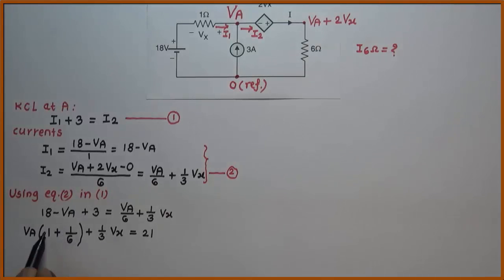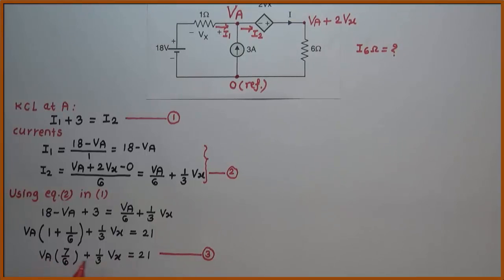If you simplify this, 6 into 1 plus 1, 7 by 6. So this is VA into 7 by 6 plus 1/3 Vx is equal to 21.